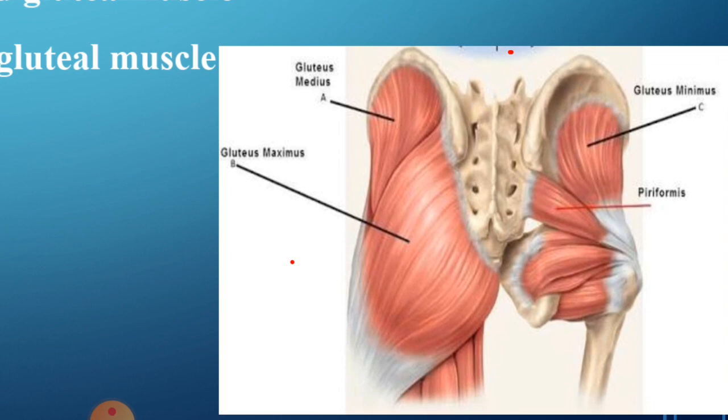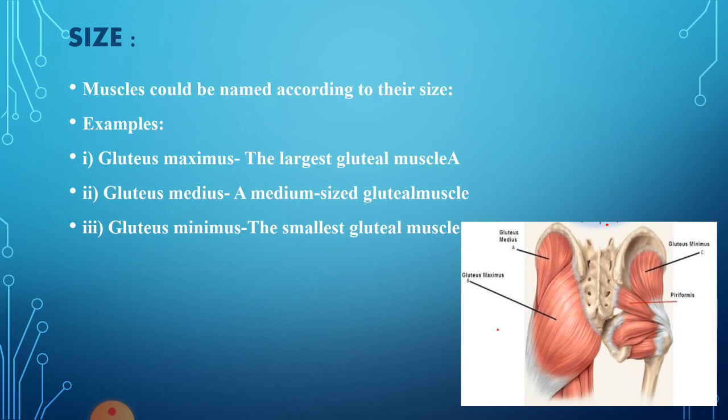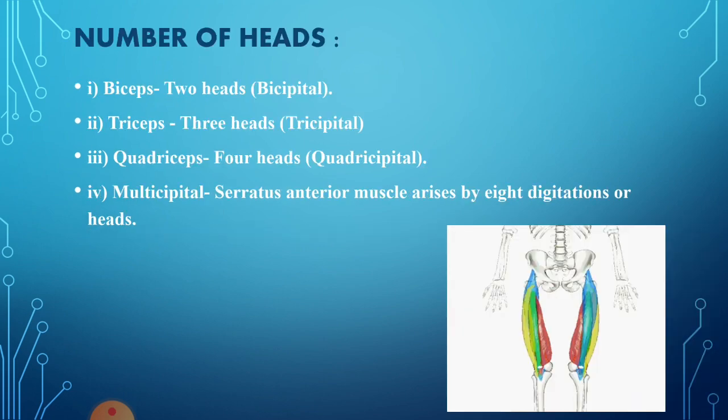And if we dissect this muscle, then we can see the gluteus medius muscle that has medium size. Then comes the gluteus minimus muscle, which is deeply located, and if we cut the gluteus medius muscle, then we can see the gluteus minimus. So this classification was on the basis of the size.